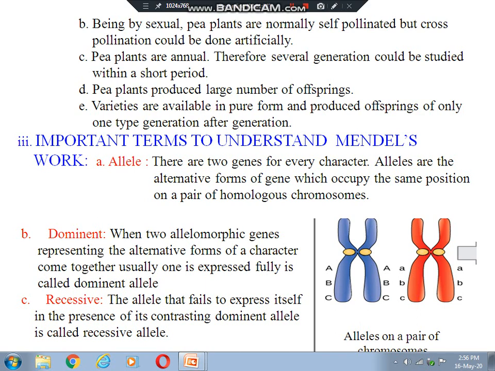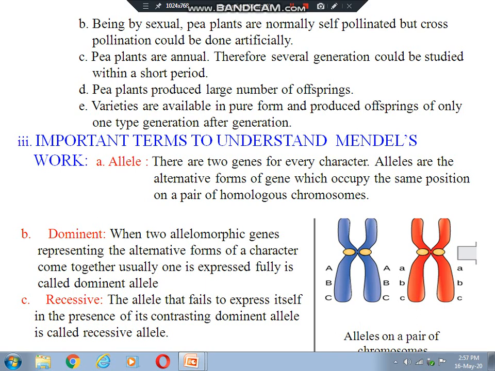Number 1, allele. Actually, there are 2 genes for every character. For example, plant height. Plant height is the character. It consists of 2 alternative genes, one for tallness, another for dwarfness, that is shortness.